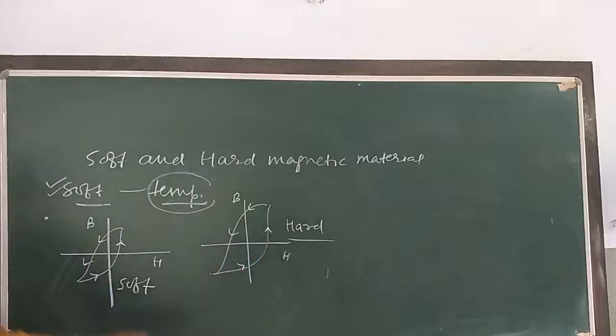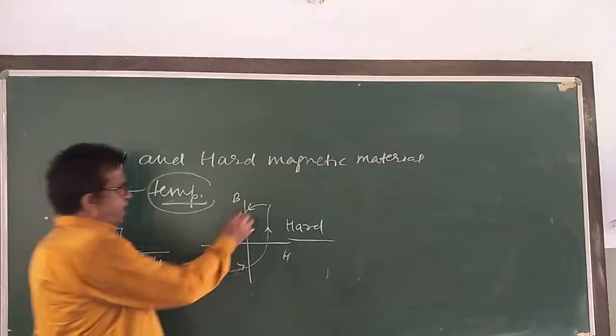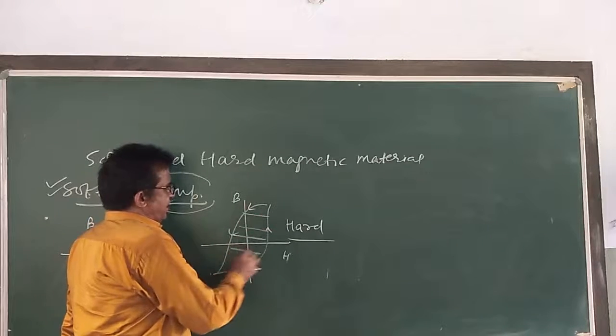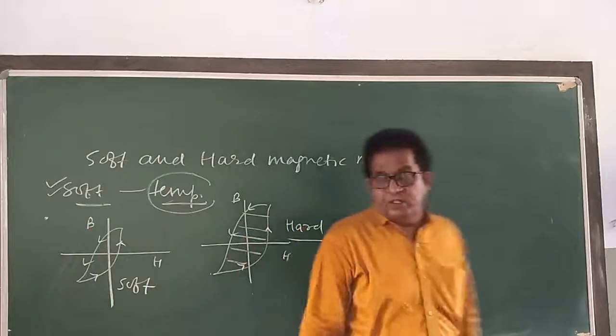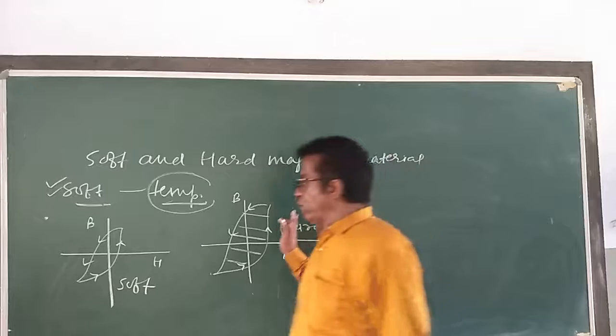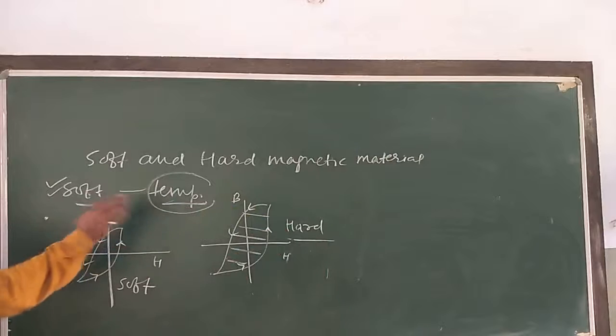In hard magnetic material, the material has high retentivity, high coercivity and larger hysteresis loss. This area is larger. That type of material is called hard magnetic material, with high saturation magnetization.